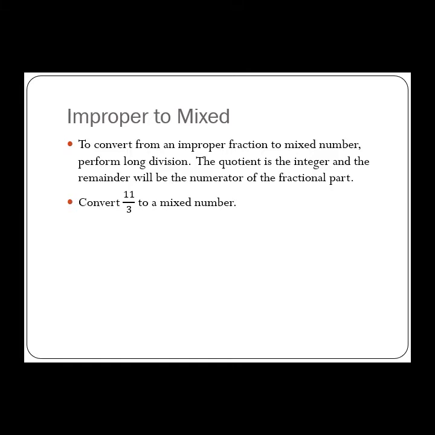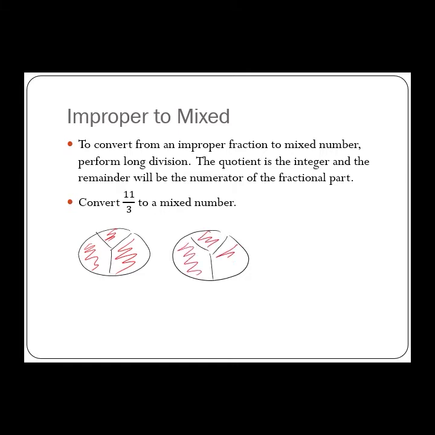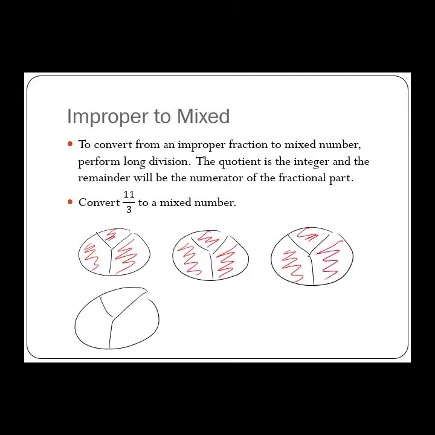When we want to convert something like 11/3 to a mixed number, one of the ways you could do that if you were a visual sort of person is say 1, 2, 3/3, 4, 5, 6/3, 7, 8, 9/3, 10, and 11/3. This is 1, 2, 3 whole and 2/3.